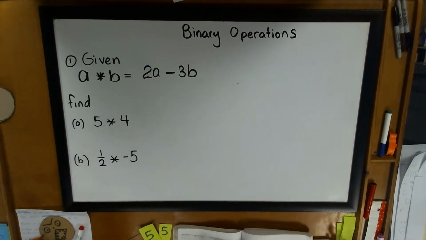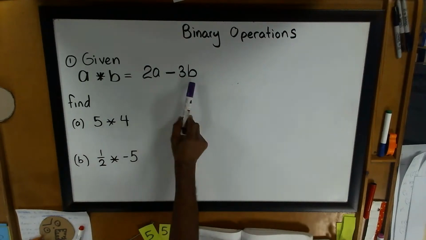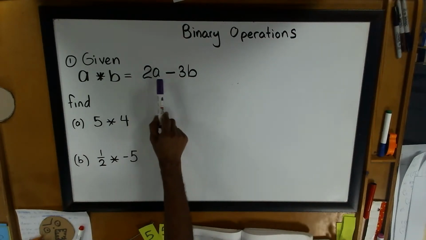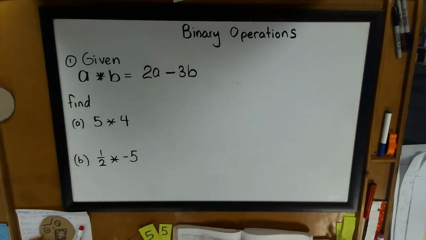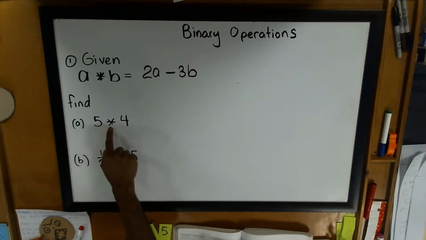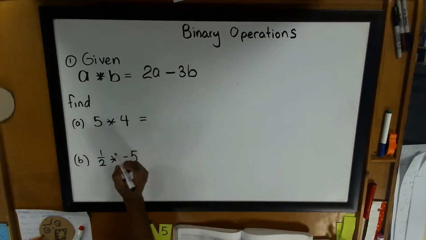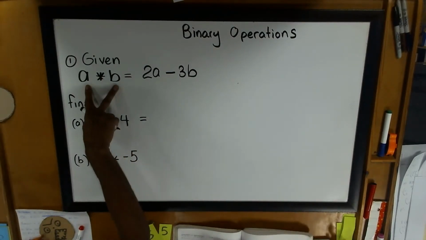So they tell you A asterisk B is equal to this equation, 2A minus 3B. So the examiner gives you that. Then they ask you to find 5 asterisk 4. You're following the pattern here.